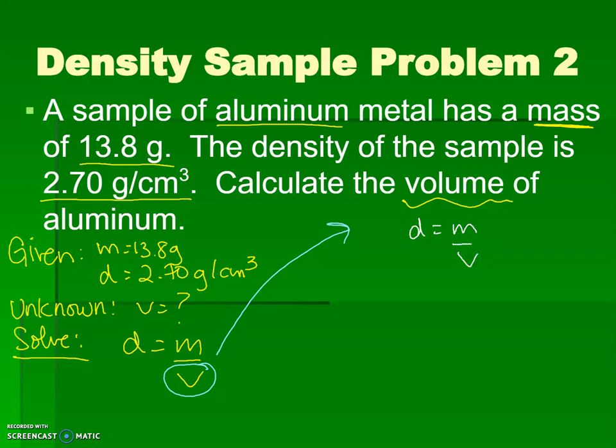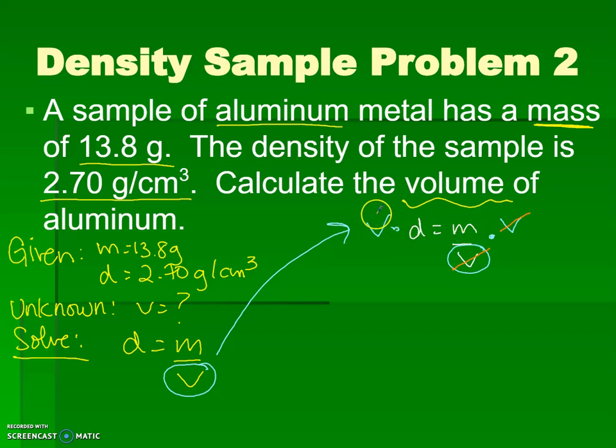Now, in algebra, if you want to get a denominator by itself, you do that by multiplying both sides by V, and then you'll see that the volumes cancel out on the right-hand side. But now we have volume times density equals mass.